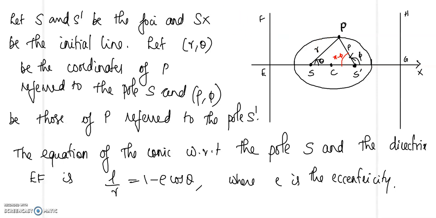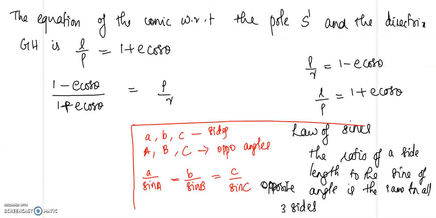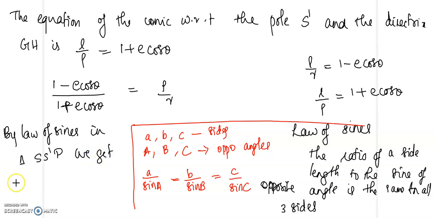So by law of sines in triangle SS dash P, we get rho by sin theta will be equal to r by sin of pi minus phi. So from here we can get rho by r.